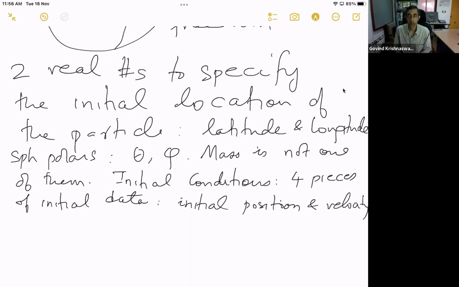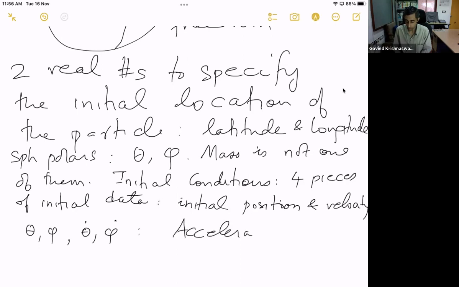So here we could choose them to be theta, phi, theta dot, and phi dot. This would be a fine specification of initial conditions. Or you could choose the latitude, longitude, rate of change of latitude and rate of change of longitude, give them some symbols.